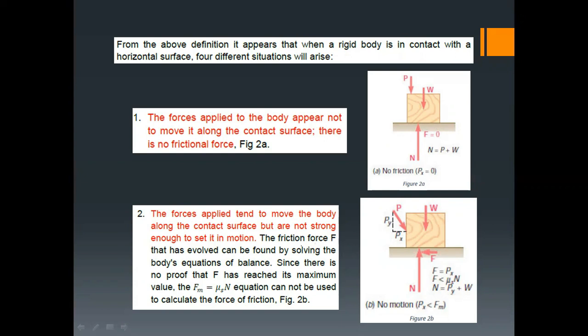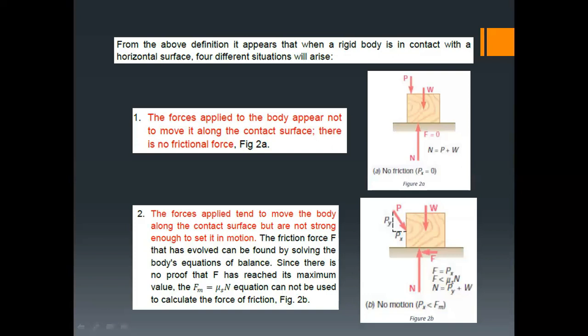So the friction force F that has evolved can be found by solving the body's equation of balance. So since there is no proof that F has reached its maximum value, the Fm natin is equals to your coefficient of static friction times your normal force.